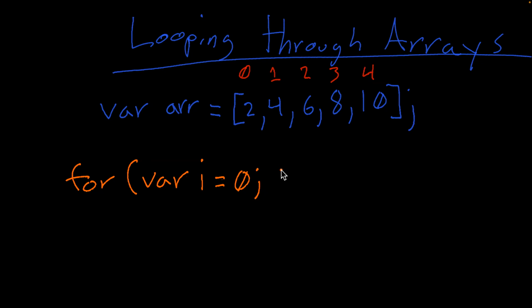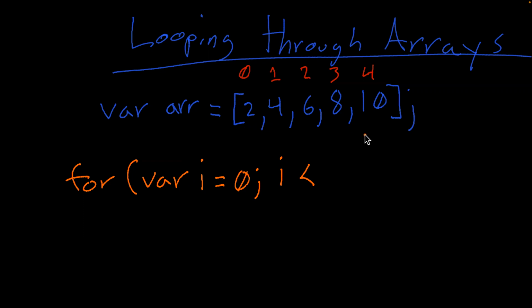And while i is less than, what we want to say now is less than a number that we need to stop at. So what number should I stop at to loop through this whole entire array?